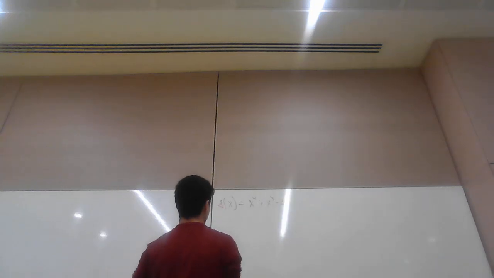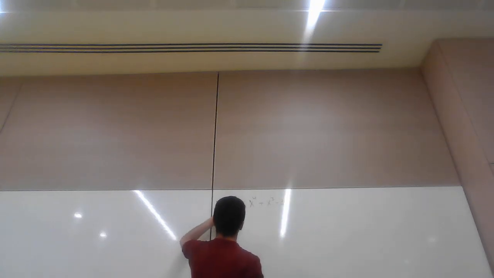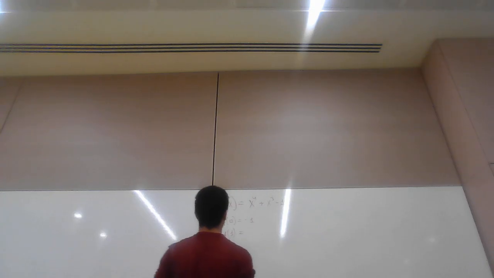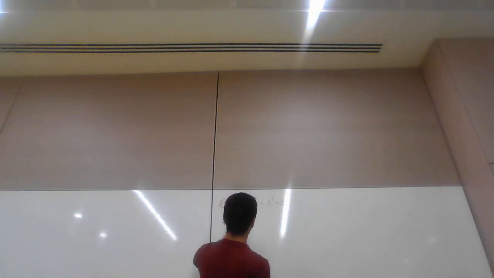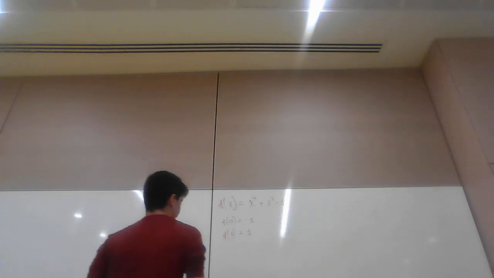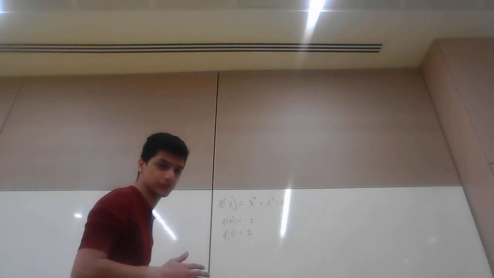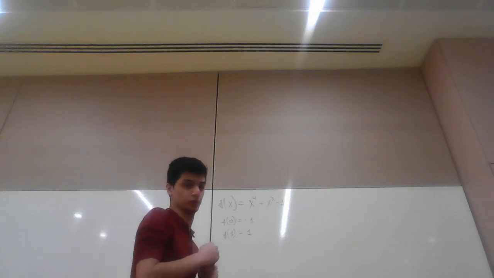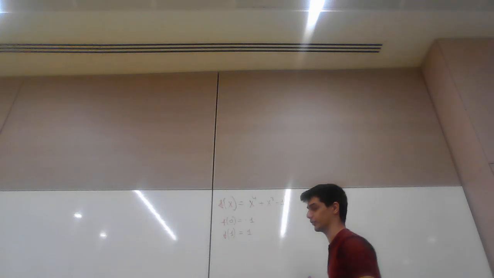We can see that for x equal to 0, the value is minus 1, and for 1, the value is 1. As we know from the theorem that we learned previously, this function will have at least one zero.